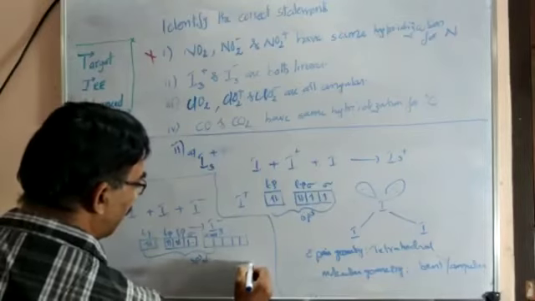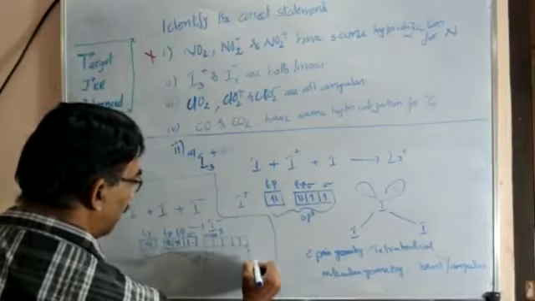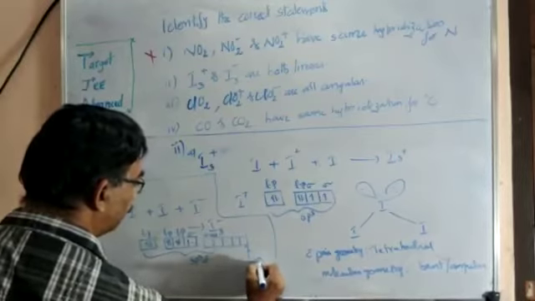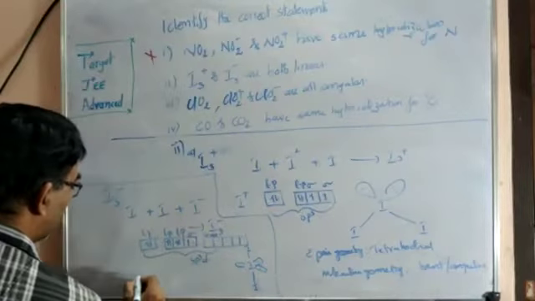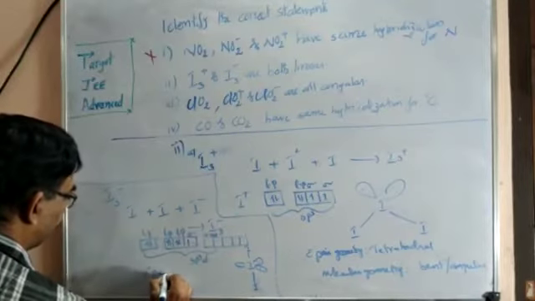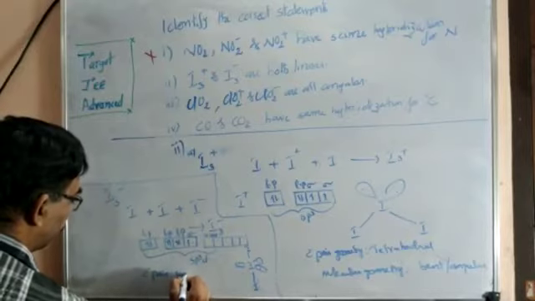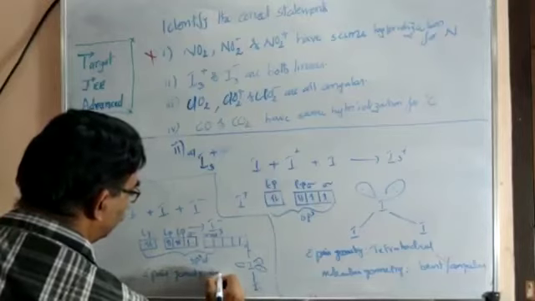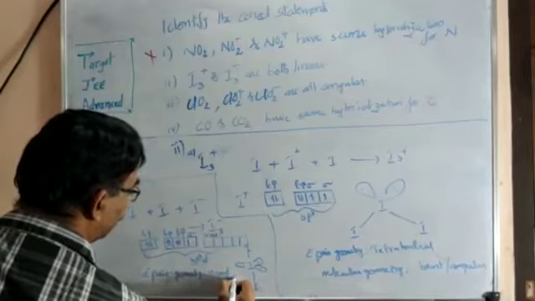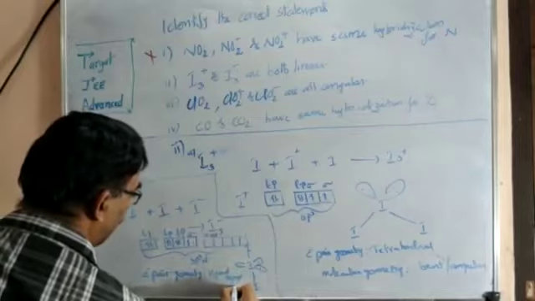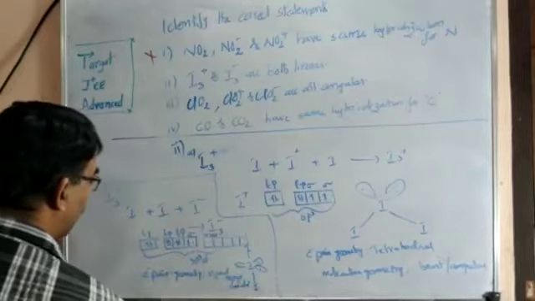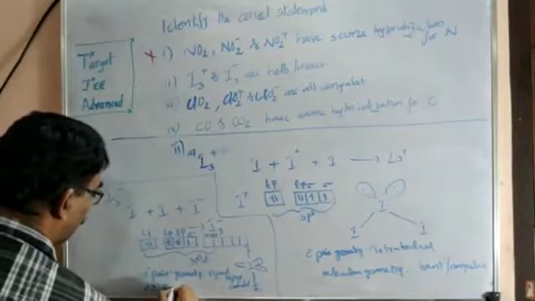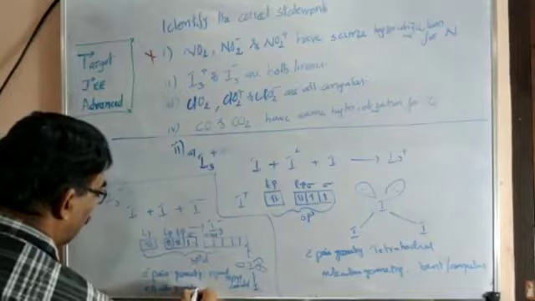So the shape will be I, 3 lone pairs, meaning electron pair geometry trigonal bipyramidal, shape linear, or molecular geometry linear.